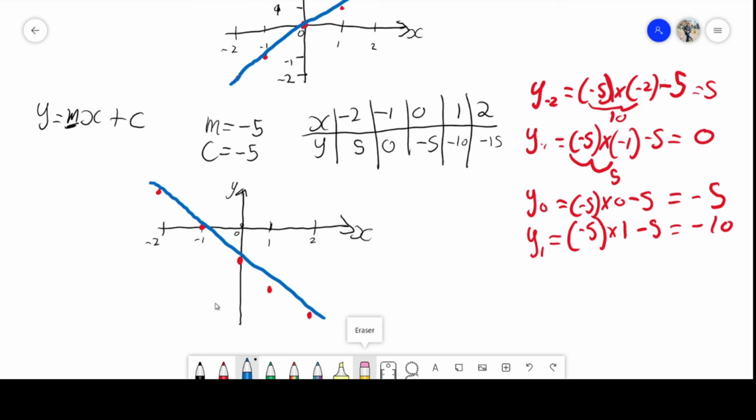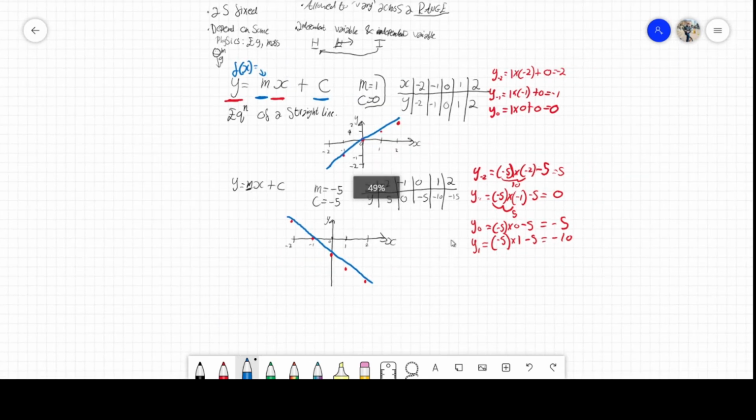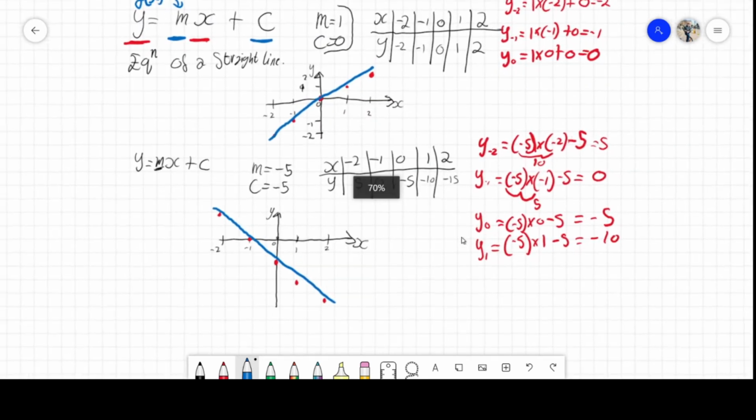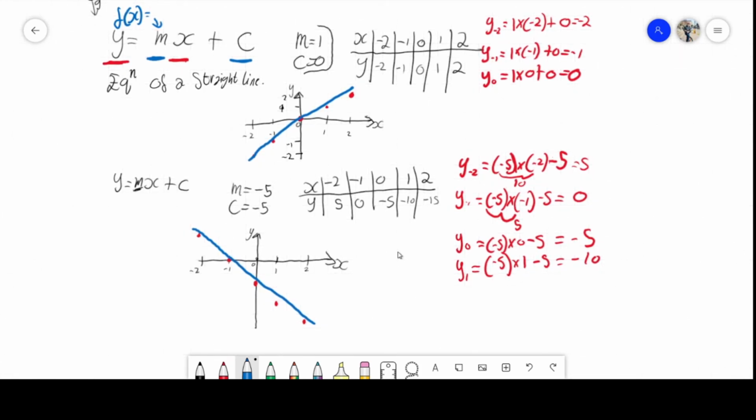Okay, so let's compare and contrast for just a hot second here what we have. So we have two lines that we've created, one of which is going uphill over here, and the other of which is going downhill over here.